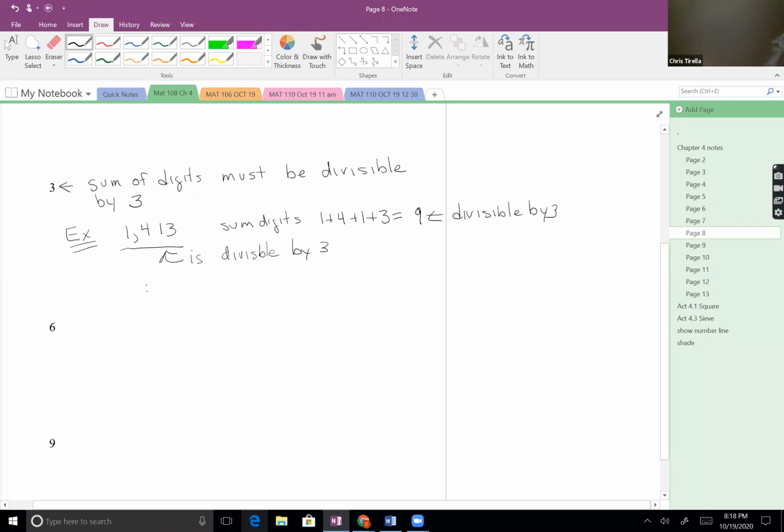Instead, if I have 23,111, the sum of the digits is 2 plus 3 plus 1 plus 1 plus 1. What does that add to?